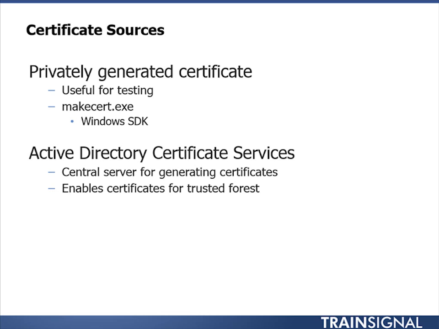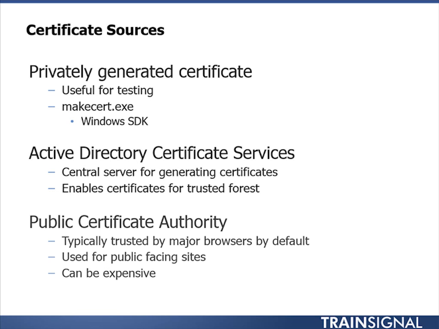Now, while this is great for internal and is certainly going to save us some money, it's not going to be very helpful for public-facing sites. And this is where a public CA is going to come into play. Now, the nice thing about a public CA is that it's typically going to be trusted by every major browser that your users might be using, and thus it's perfect for public-facing sites because everybody's already going to trust that CA.